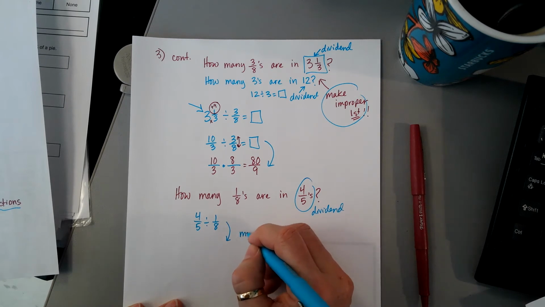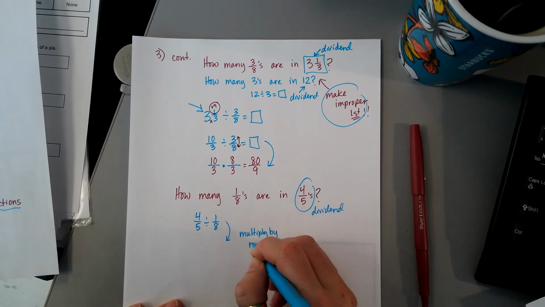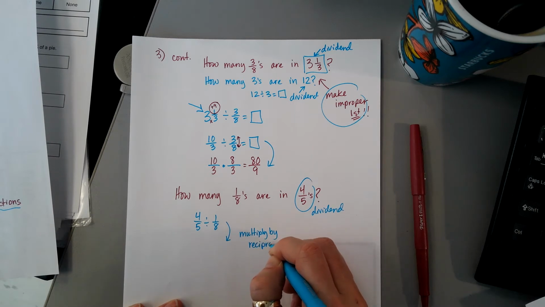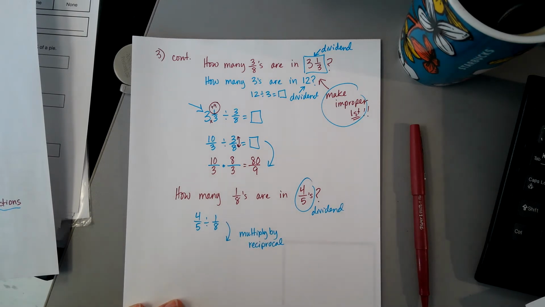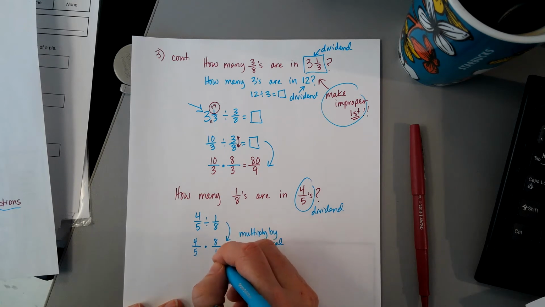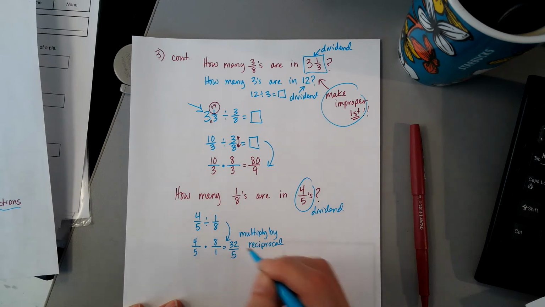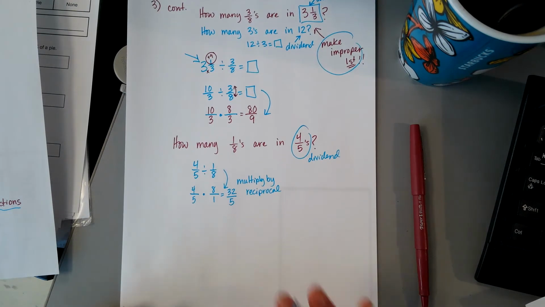Rewrite it as multiply by reciprocal. Now, some kids are resistant and don't want to write every step. You have to write every step. You have to write division. You have to write the multiply. So that's 4/5 times 8/1, which gives you 32/5.